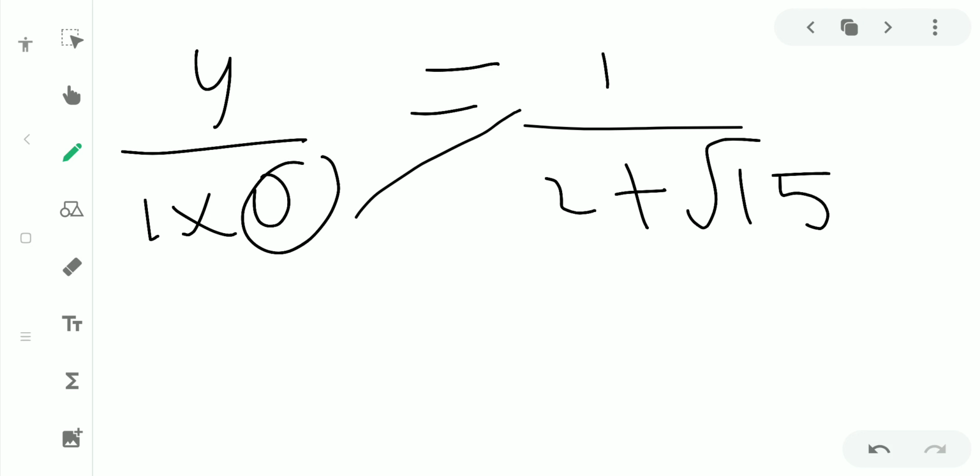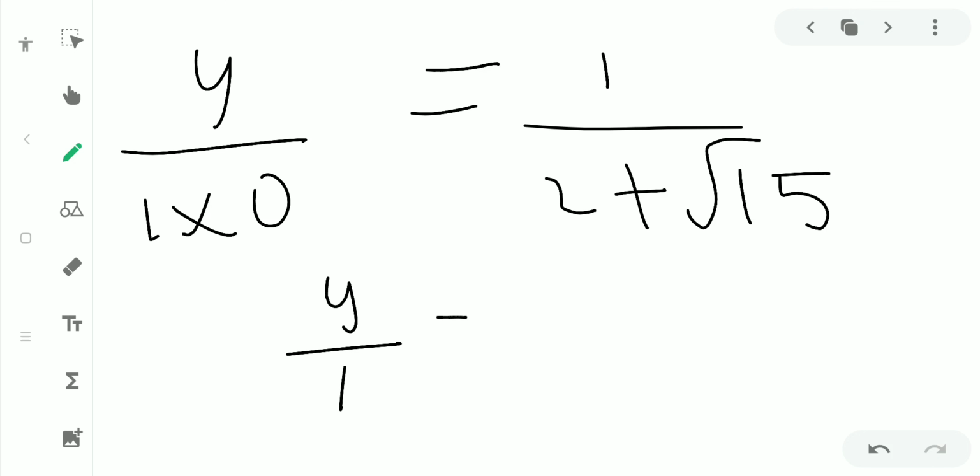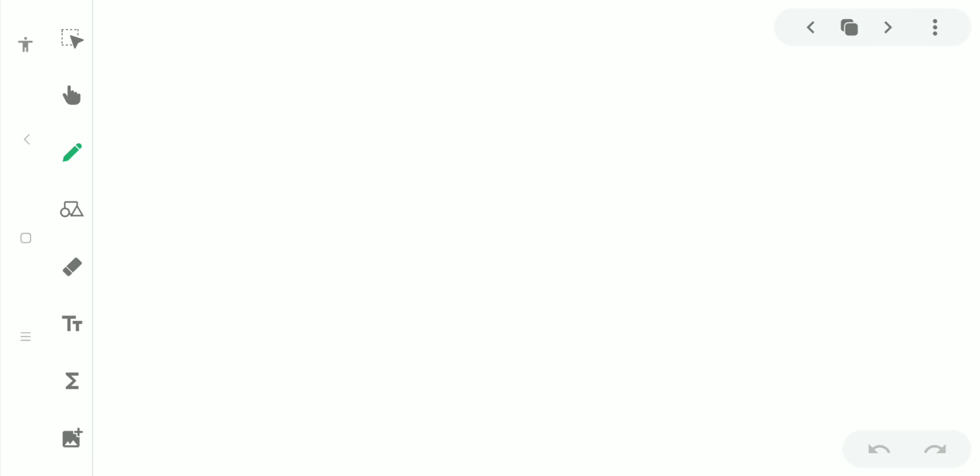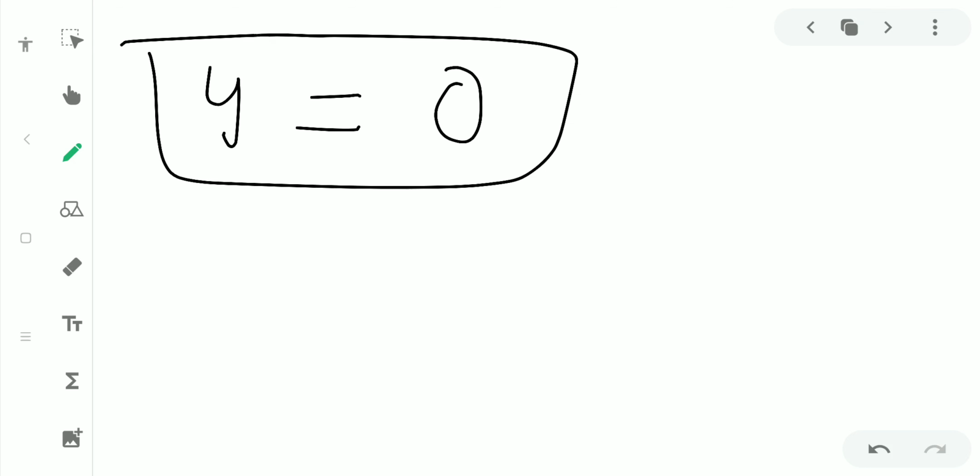On transposing 0 to right hand side, it will become y by 1 is equal to 0 by 2 plus root 15. Therefore y is equal to 0, and we got x also equal to 0.